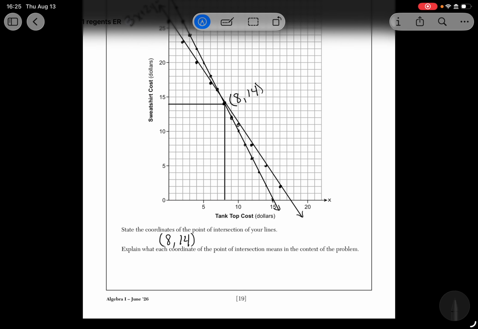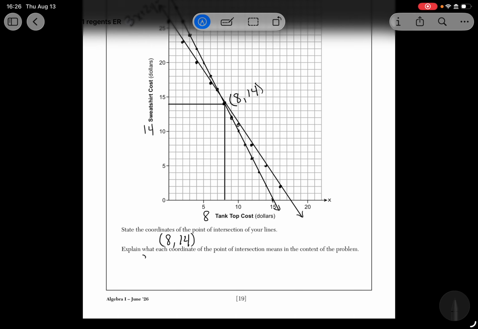Okay, so now all we have to do is explain it in terms of the problem. So we're talking about money. So if 8 is our X value, that's also going to be the cost of the tank tops. And then 14 is the Y value, which would be the cost of the sweatshirts. So we can keep this simple.